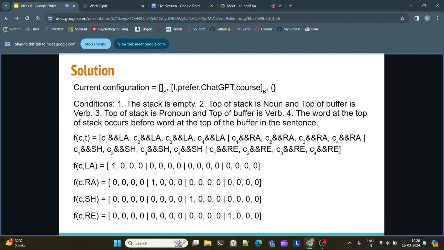So this formula for f of c comma t, this is the only formula we have to use for all the questions of this type, right? Or will we be defining it, depending on the question? No, this itself you have to define.